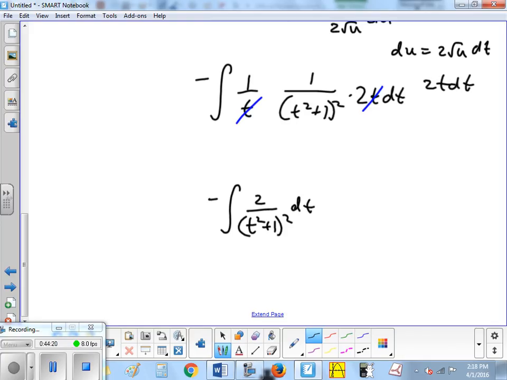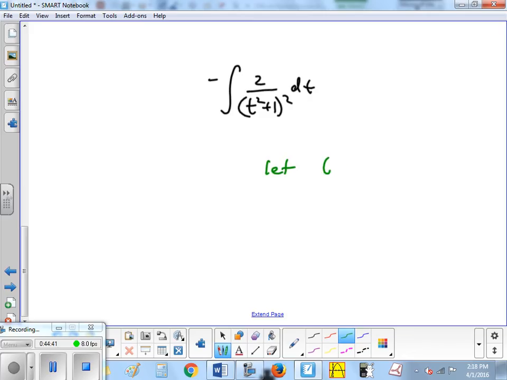So it's like, wow, I've got it all down to a single variable. Look at that. There's not two parts anymore. Now I don't know what to do with t squared plus 1. I don't know what to replace that with. But what if t was a tan theta?